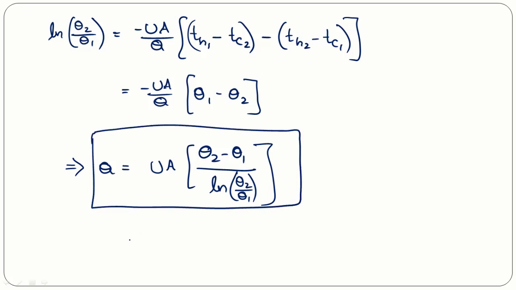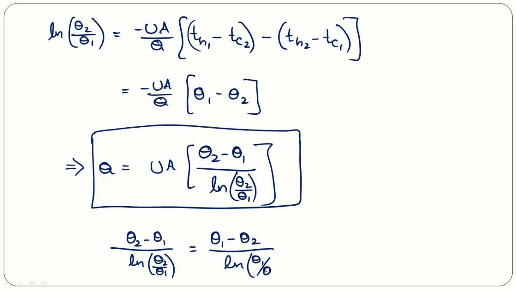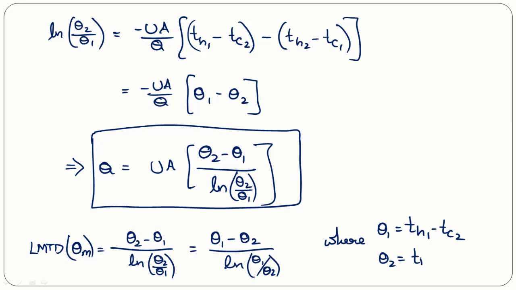Now this theta 2 minus theta 1 by ln theta 2 by theta 1 can also be written as theta 1 minus theta 2 by ln theta 1 by theta 2. So this is nothing but theta m, the LMTD. Now here theta 1 is Th1 minus Tc2 and theta 2 is Th2 minus Tc1.